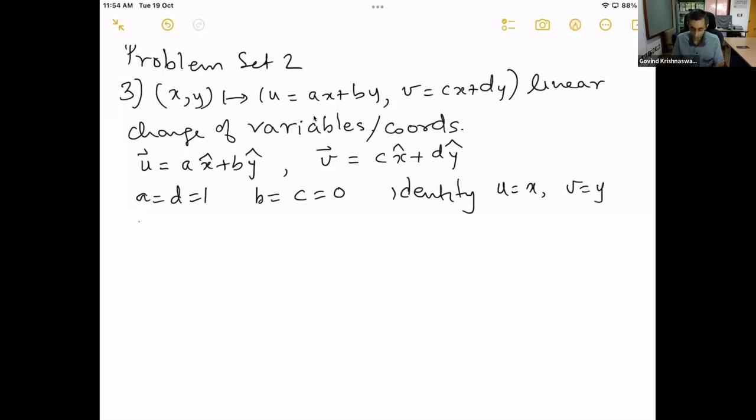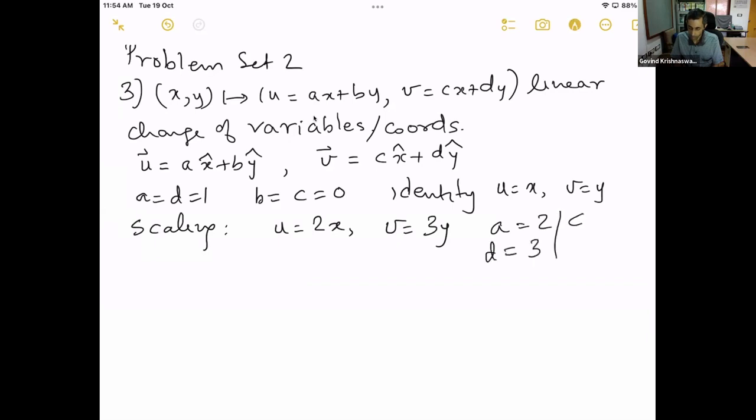You could also do scalings. The scaling would be something like u is equal to 2x and v equal to, let us say, 3y. So this is a rescaling of your coordinates, where in that case a and d are given by 2 and 3, while c and b are both 0. You could do other things. You could rotate your coordinates by some angle.